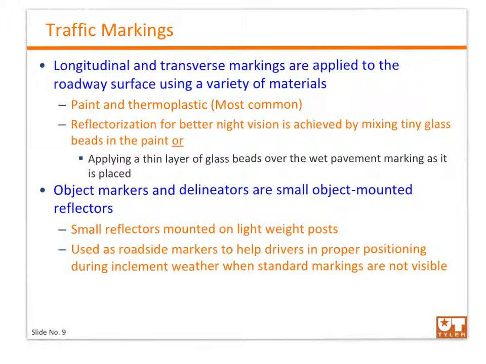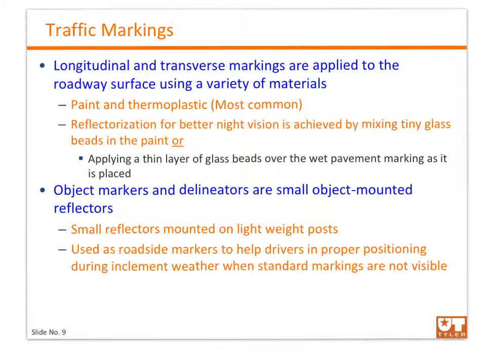This has been used heavily recently, but that doesn't mean it's common. The most common way is just going to the road and painting the road with whatever marking we need to have, while the newer methodology is by using those tiny glass beads with the paint.